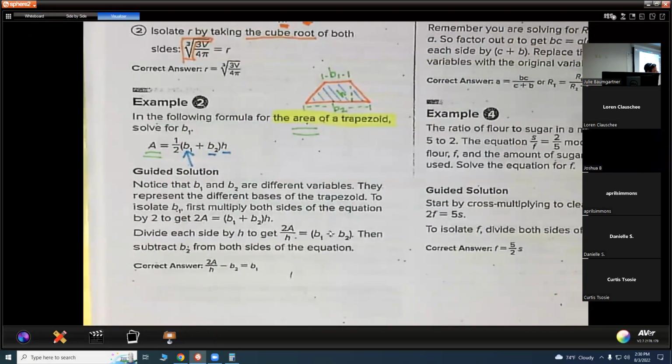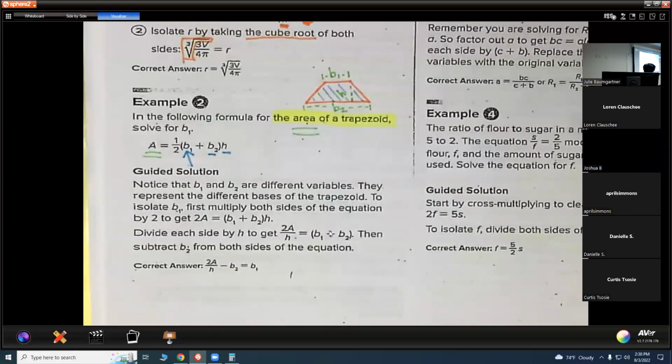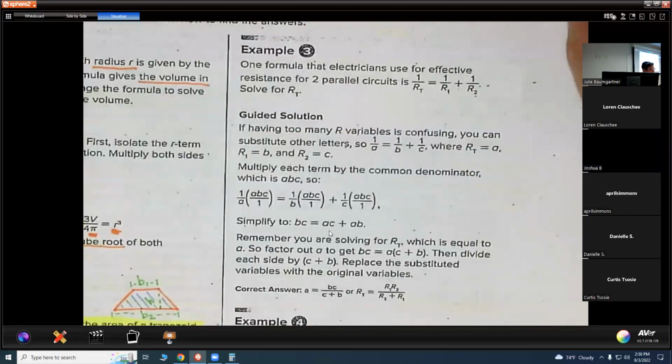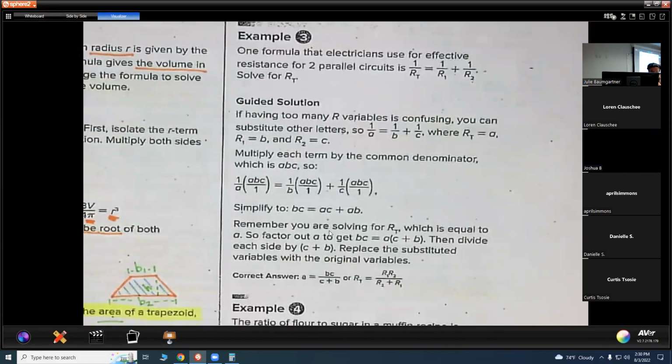This is not necessarily super applicable in math, but it very much applies to science and geometry, where you have lots of formulas. All right, let's look at example 3. Hopefully it's making sense how to manipulate these things, but it's not the easiest.